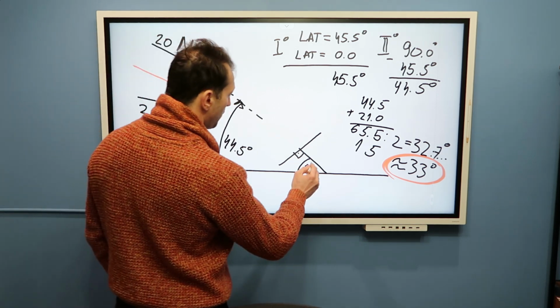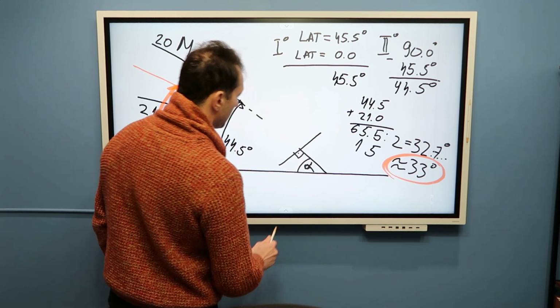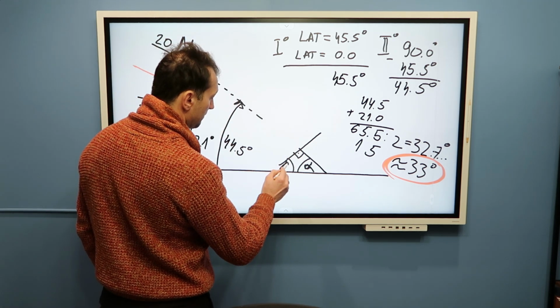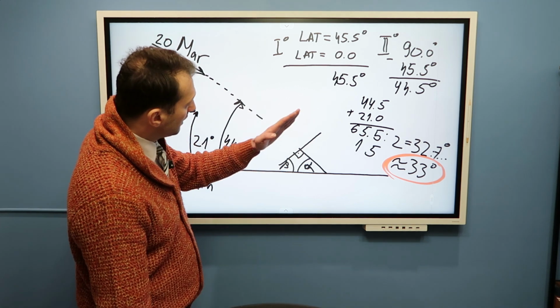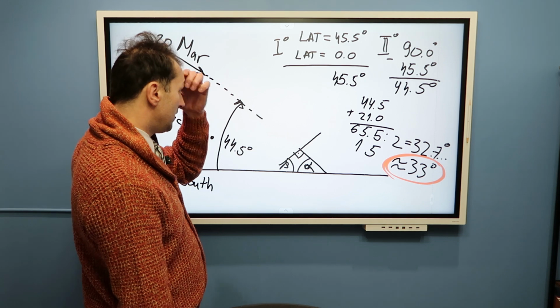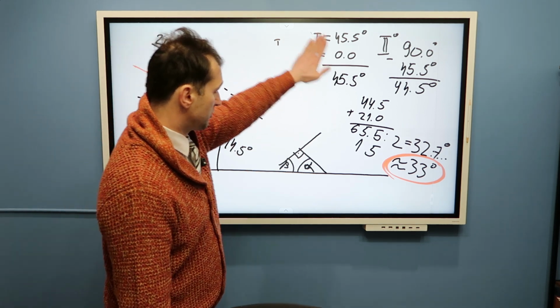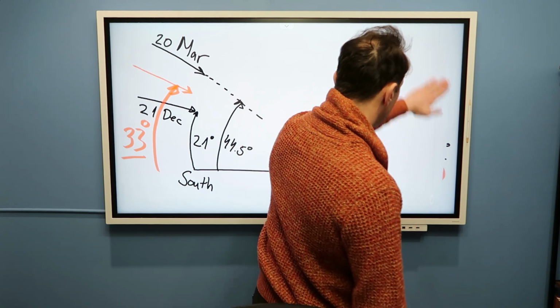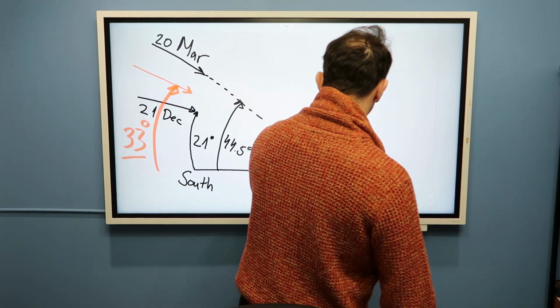Now, if you really want to find this angle, let's call it beta, which would be the angle literally between the solar panel and the horizon, then that's very simple from here, as you can see. How is it simple? Well, it's simple if you know a little bit of geometry.